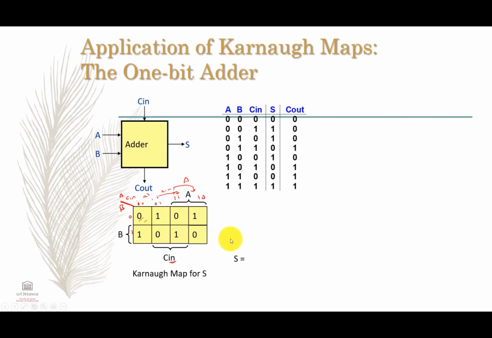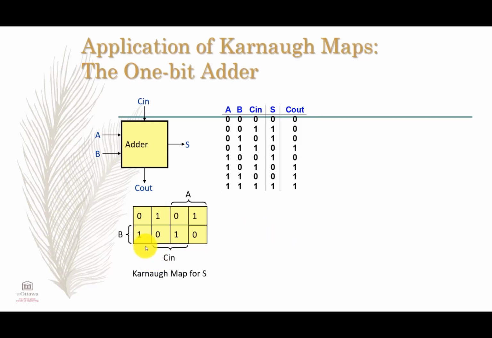So I'm gonna lower my bar and ask myself, can I group them in a group of 2? Remember, I told you we cannot group the ones diagonally. So I have to group each one of them individually, and I will get something equivalent to the standard sum of products notation.